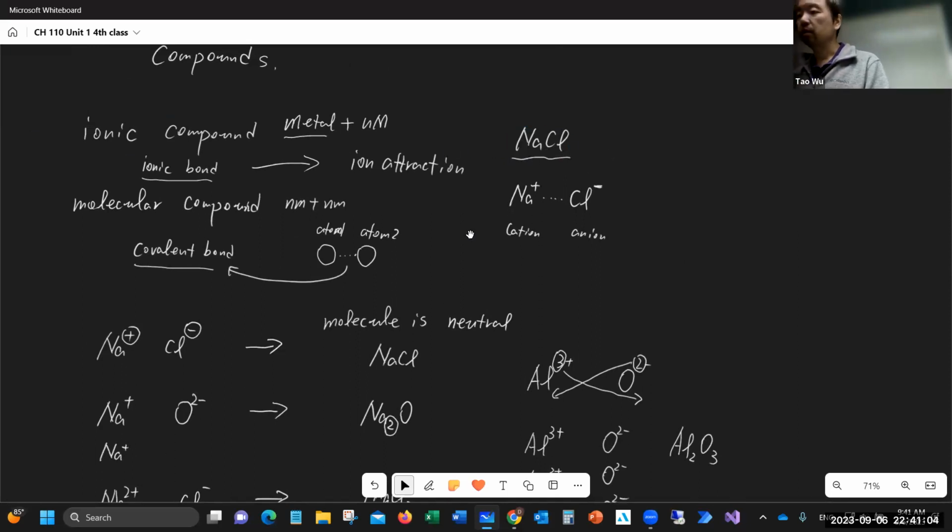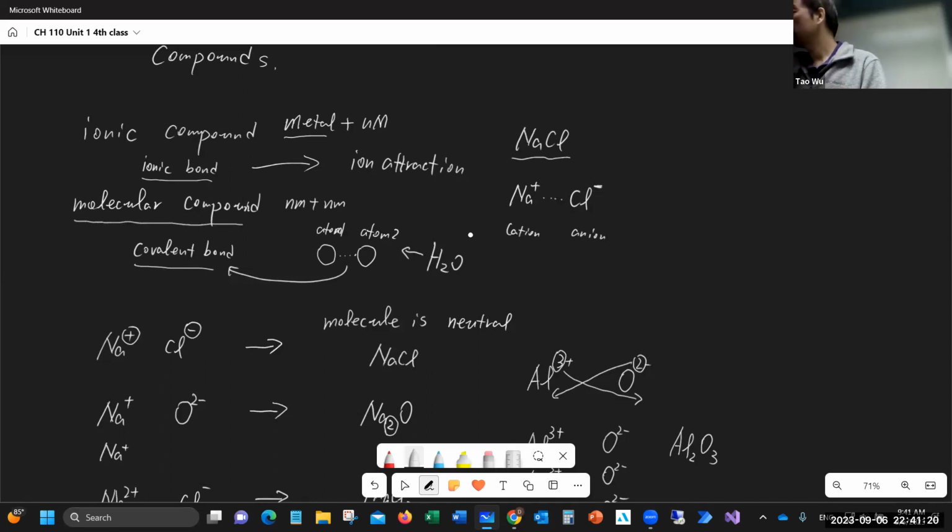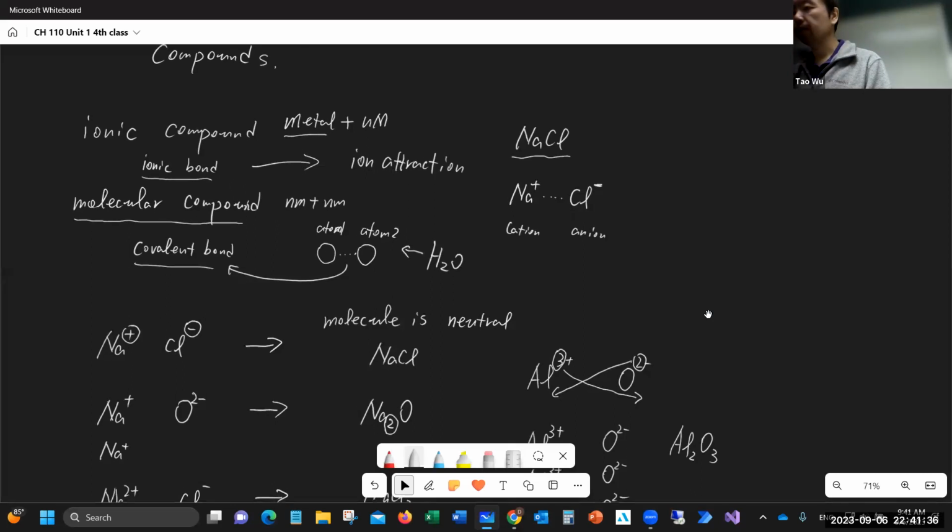But for example, water: the first, hydrogen, is a non-metal, and oxygen is also a non-metal, so this belongs to molecular compounds. So this is an easier way to identify ionic or molecular bonds for those two-atom compounds.